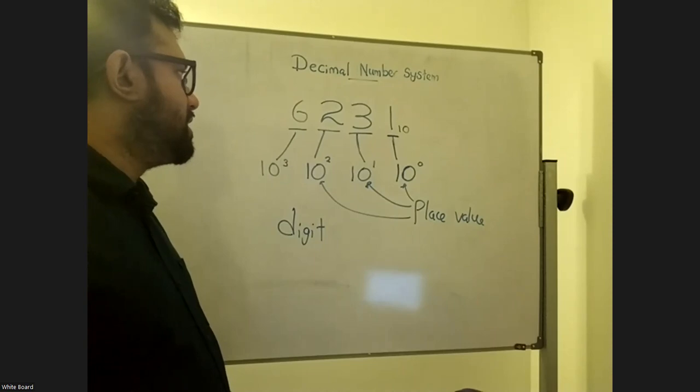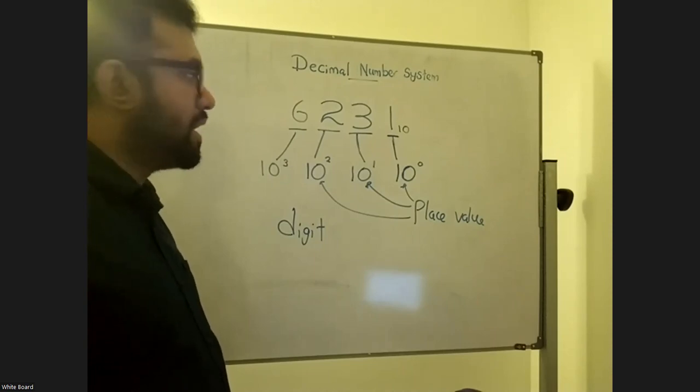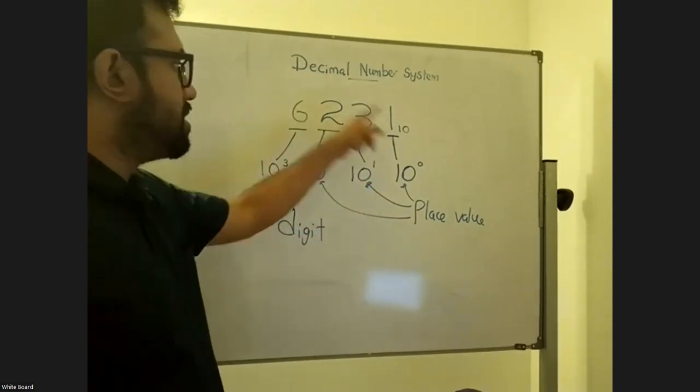Each digit of a decimal number is having a place value as indicated. Write this down.